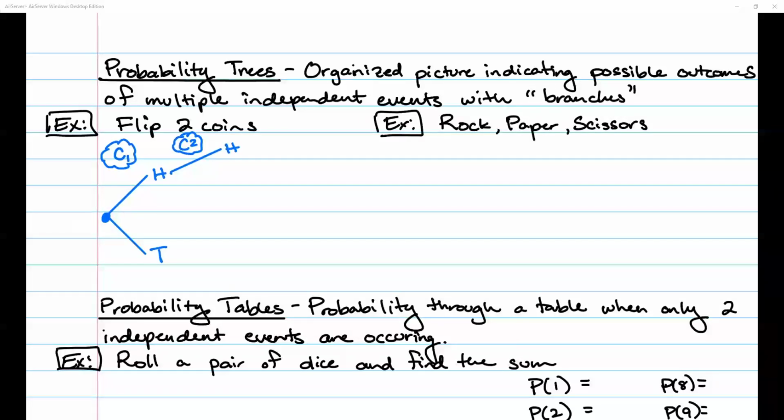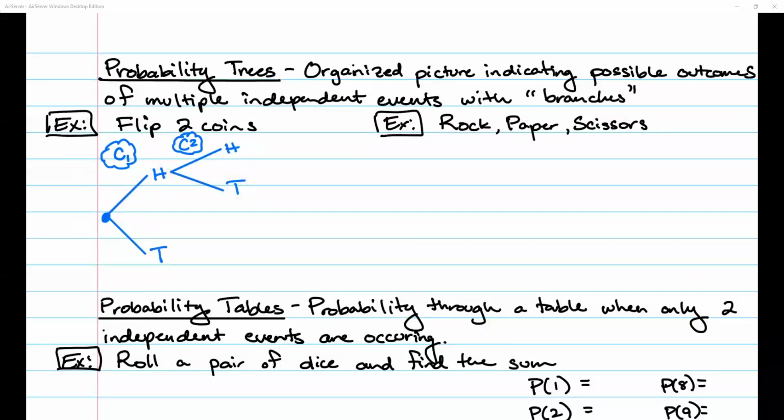I can get a heads on coin number two, or a tails. So this path says you got a heads on coin one and then a heads on coin two. It didn't have to be like that. You could have landed heads on coin one and then got a tails on coin number two.